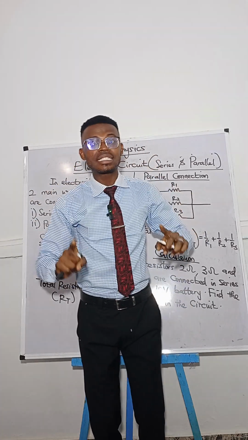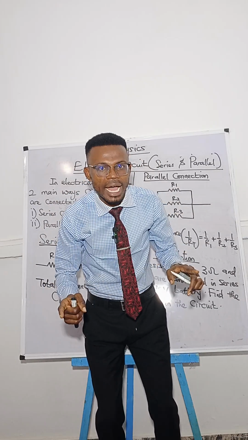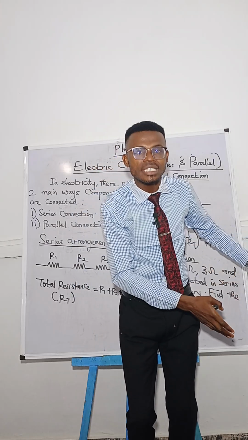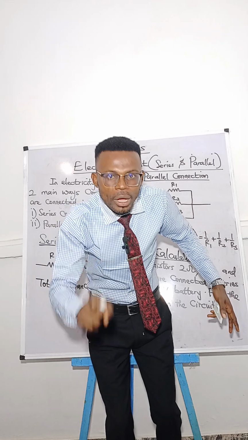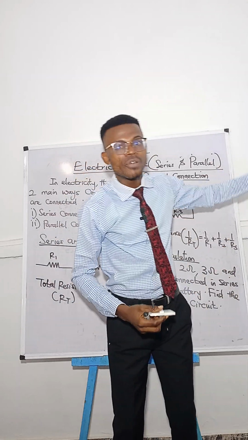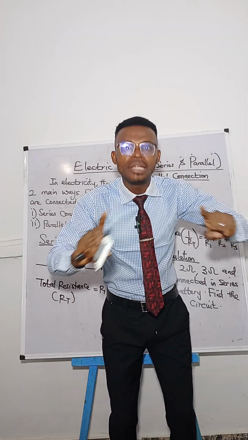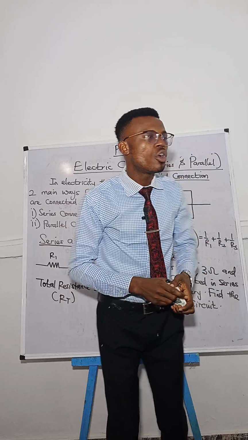What this means is that each component functions independently from the other. So if one component is faulty or is affected, other components will keep working. That is why in your house, one bulb can go off and every other bulb will remain on. So we use a parallel connection for house wiring.